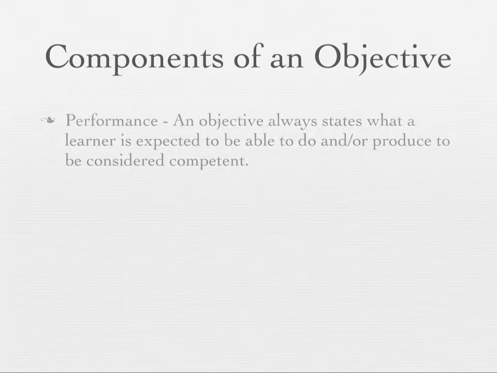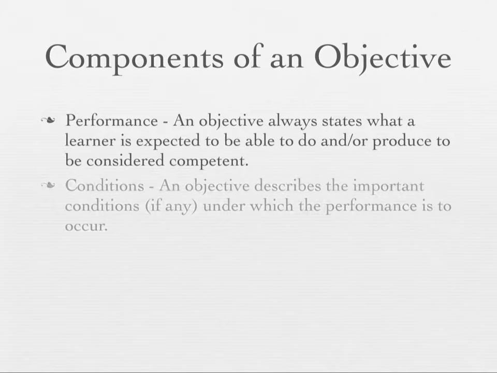We next look at the components of an objective. Well, an objective always describes what is the expected level of performance. In other words, what is the learner expected to be able to do and or produce to be considered competent in terms of demonstrated skills or knowledge in that performance capacity of the objective.